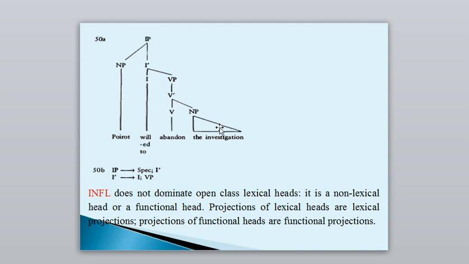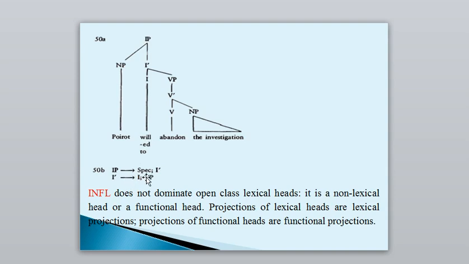So you see here again we have a layered structure. First of all, the head inflection, which we summarize as I. This inflection combines with the complement VP to produce I-bar. Then this I-bar combines with the subject, Poirot, to produce the maximal projection IP, or inflectional phrase.